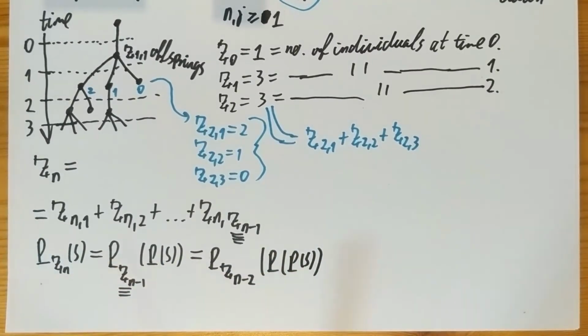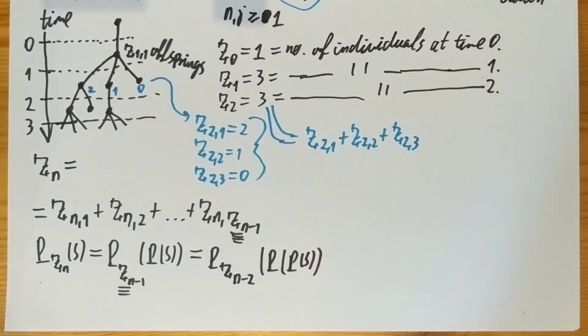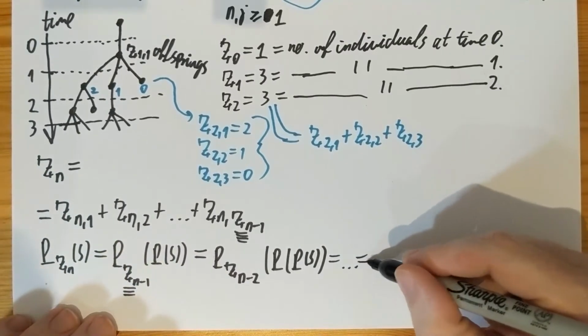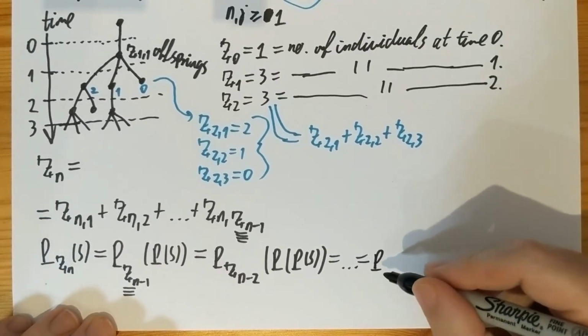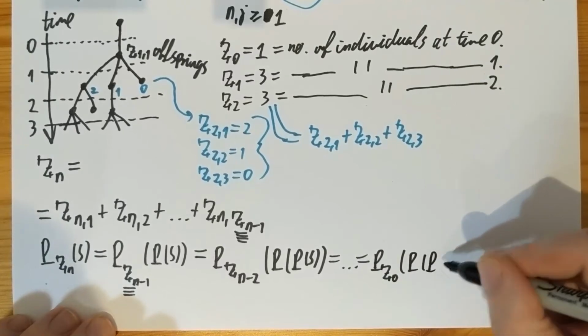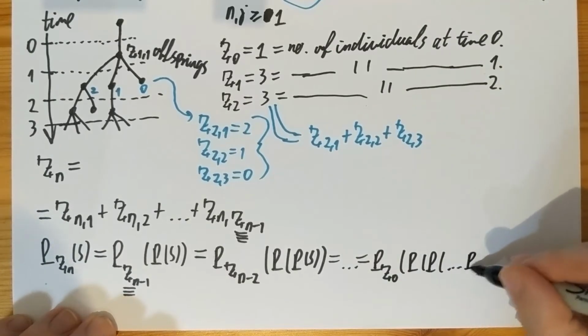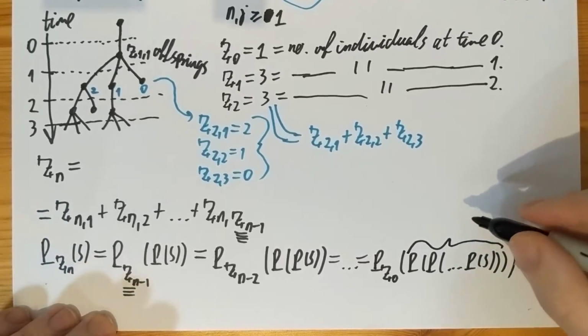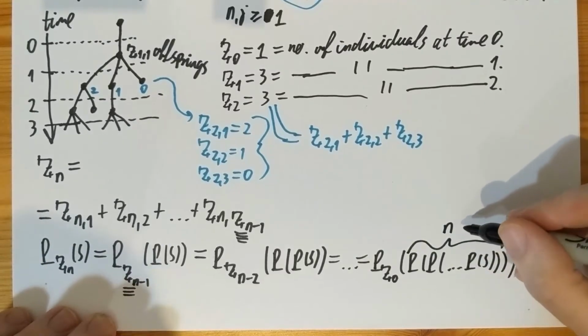So to calculate this generating function, I can apply the same principle. I need to go one back in time, and I have to do a composition with P, but I already had a composition before, so now I have a double composition with P. And I can keep going. I can do this actually n times and arrive at P of Z naught, of P of P of dot dot dot P of S. And in here I have a total of n-fold composition.